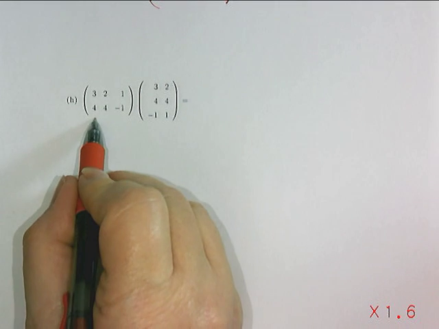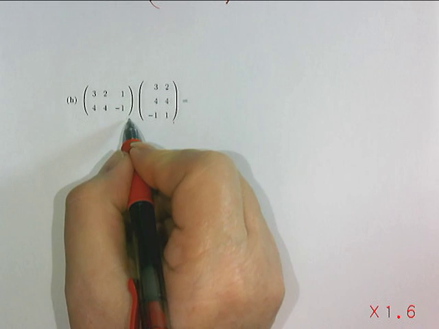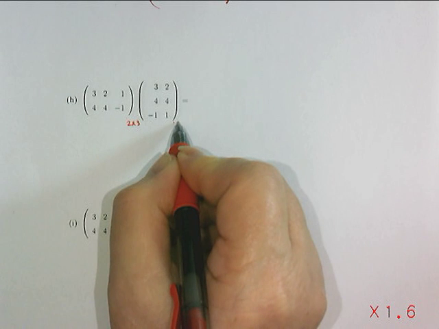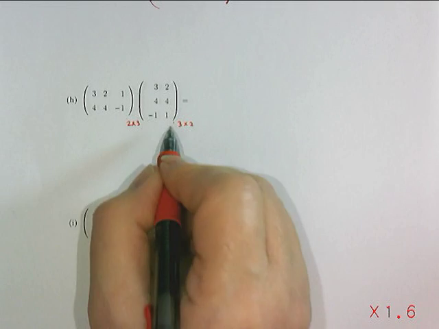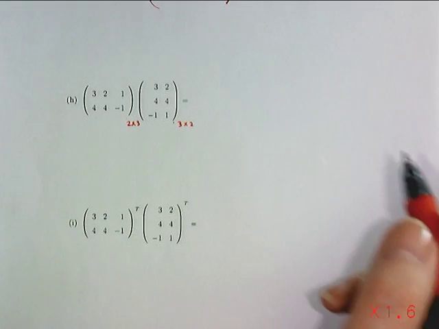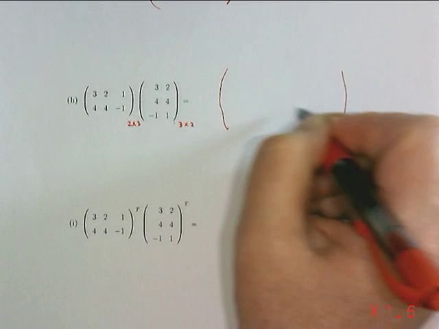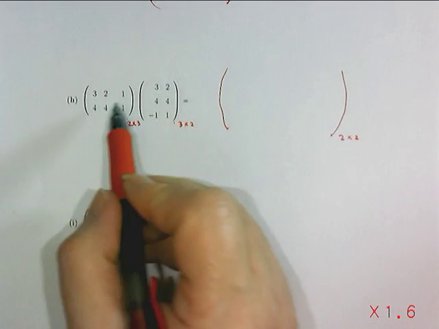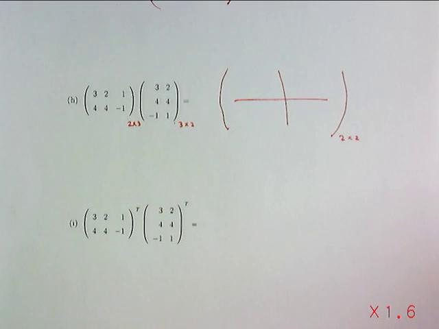Now I want to take and multiply a matrix times a matrix. Notice that this matrix had 2 rows, 3 columns, and this one has 3 rows, 2 columns, so they are conformal and I can do the product. And the result is going to be a 2 by 2 matrix. That means it's going to have 2 rows and 2 columns.